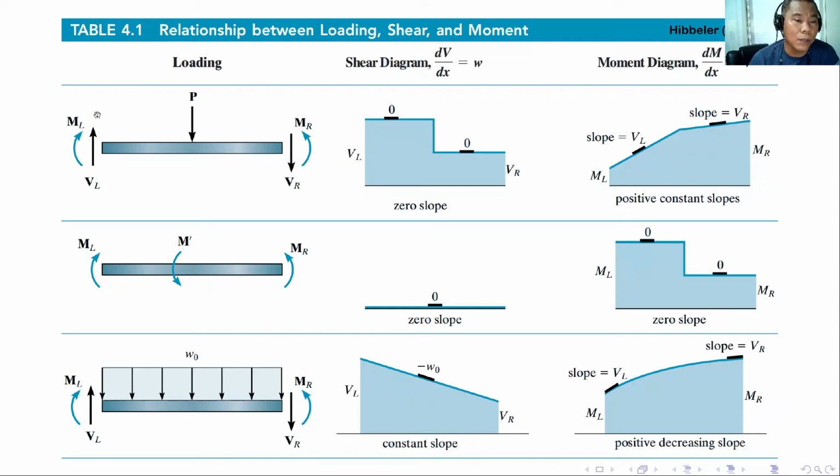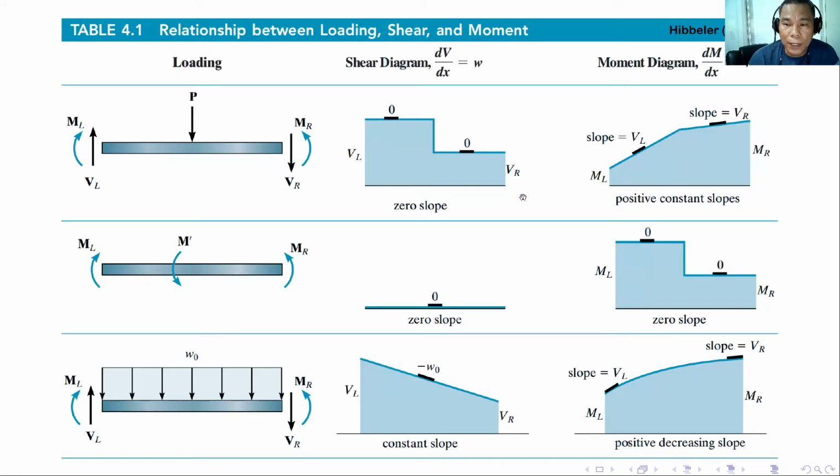And since there is no loading between VL and P, the shear is constant, or the slope is equal to 0. Since P is directed downward, this will jump down by P. Then also since there is no loading between P and VR, again the shear is constant, or the slope is 0. And then at the end, the shear is downward or negative, so there will be a downward change of shear equivalent to VR.